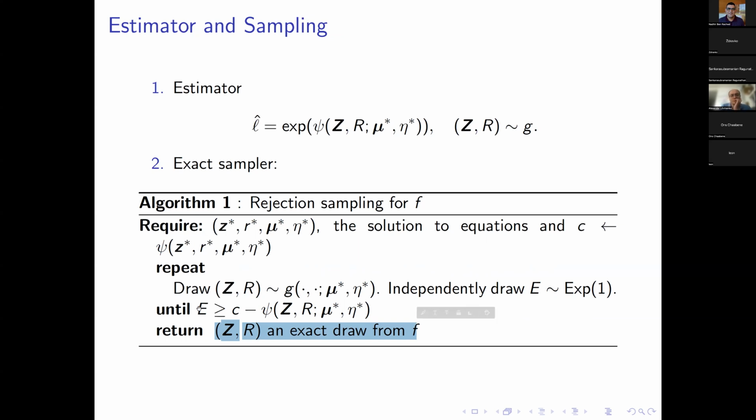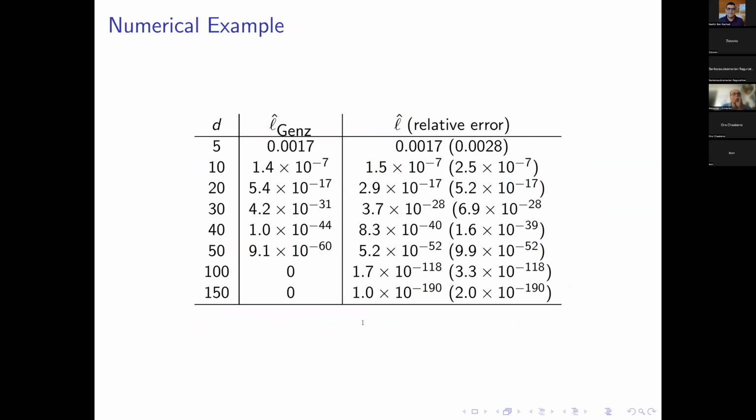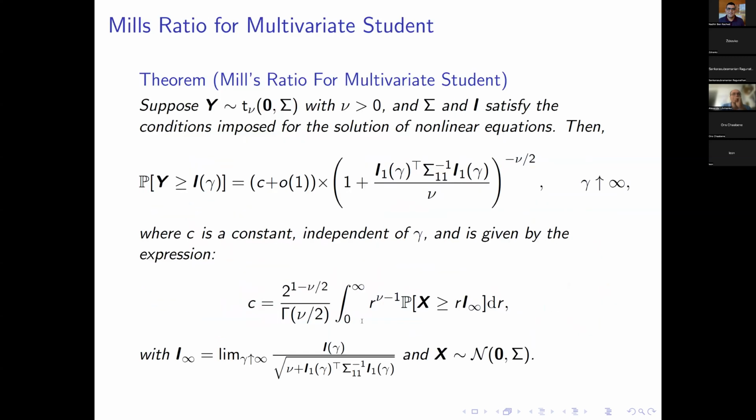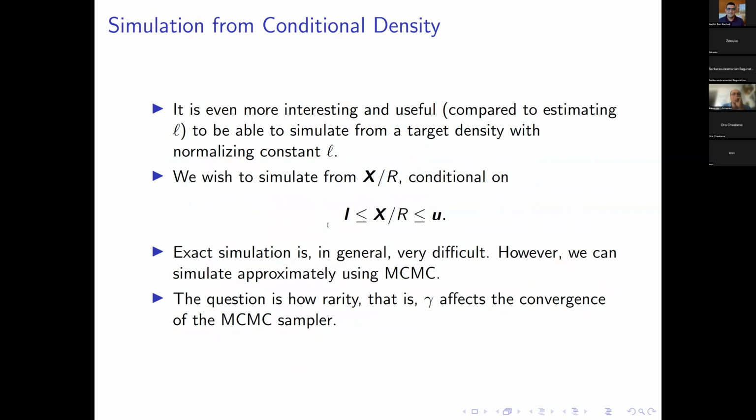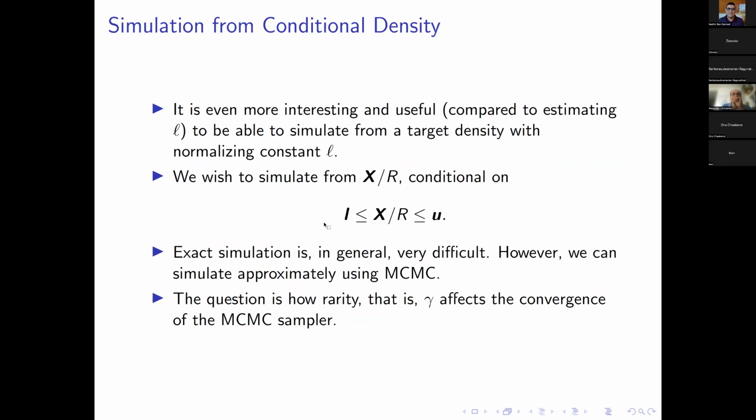Now, the question is, what are the properties of the acceptance probability of this algorithm? How good is this algorithm when we try to simulate conditional on a rare event? So there are a number of issues here.